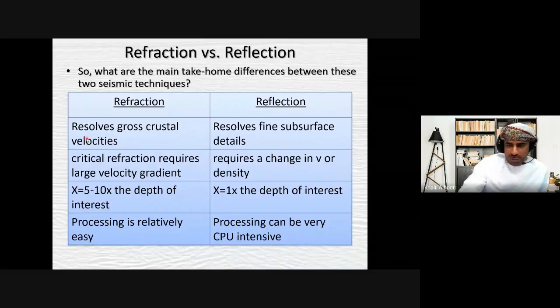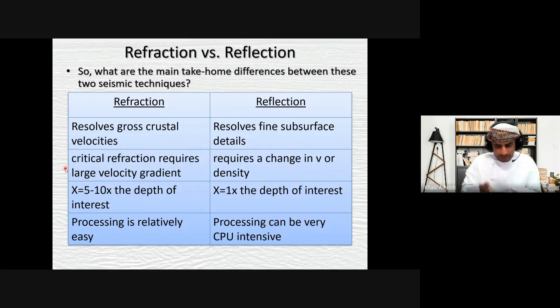The final outcome from refraction is velocity. You get velocities, as we have seen: layer by layer, what is the velocity. Whereas here, I'm getting a very detailed image of the subsurface. In refraction, I need the critical angle.